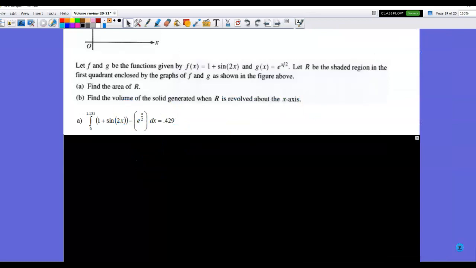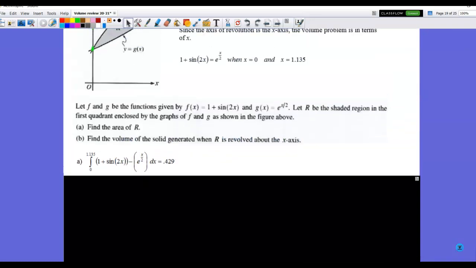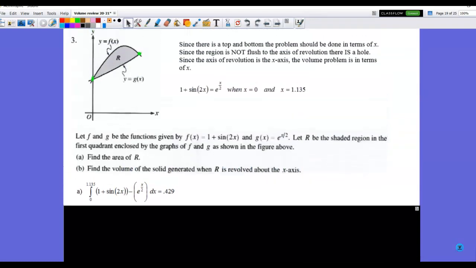And then for part B, we're finding the volume revolved around the x-axis. There is clearly a big hole in this thing. This region is not flush. So when we go around the x-axis, we're going to find big R, and big R is top minus bottom.